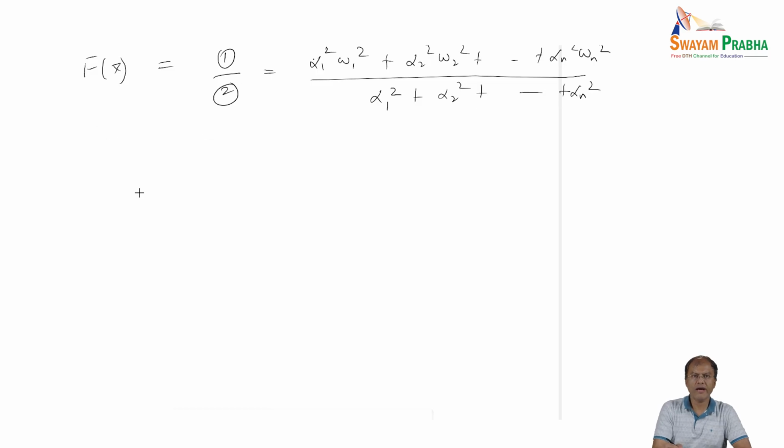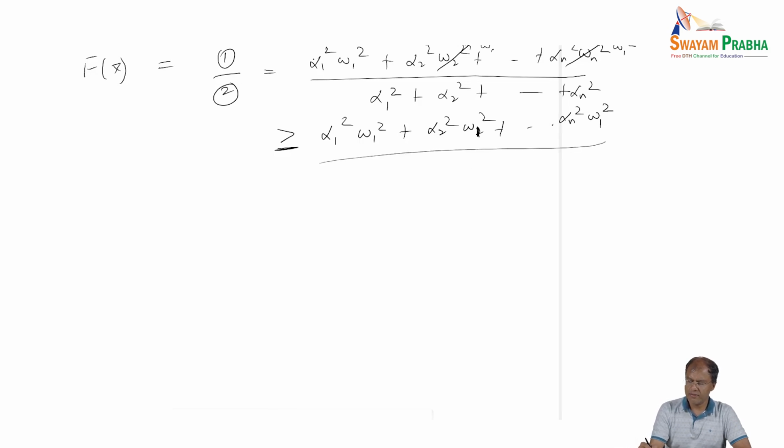Now we can replace this equality with an inequality. If we replace all these omega i's with omega 1, we see that this is clearly greater than or equal to alpha 1 square omega 1 square plus alpha 2 square omega 1 square and so on plus alpha n square omega 1 square, divided by alpha 1 square plus alpha n square, and this is equal to omega 1 square.